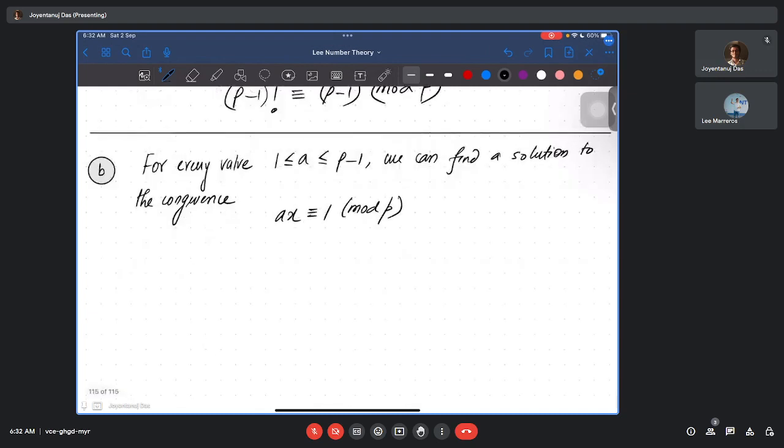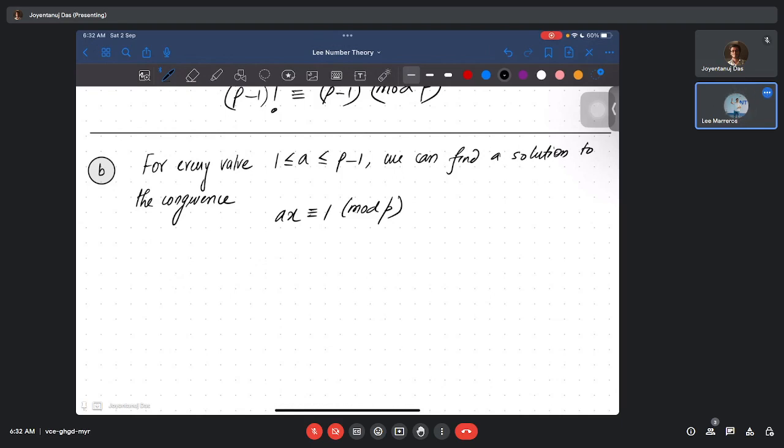Can we do that? For every value between... so we need to find x in terms of p or something like that.